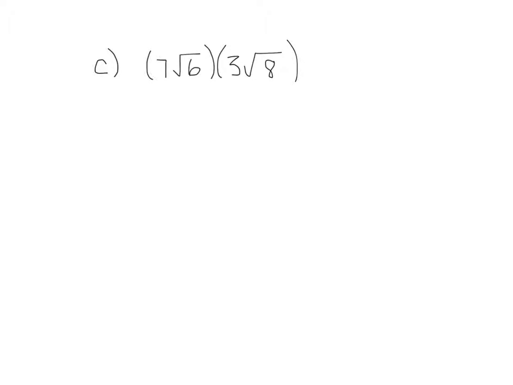Here in part C, same idea. 7 times 3 is 21. And root 6 times root 8 is root 48. But now we need to simplify. 48 is not a perfect square, but if we think about our perfect squares, 2 squared, 3 squared, 4 squared, 5 squared, 6 squared, and so on, the largest perfect square that divides evenly into 48 is 16. 16 goes into 48 3 times.